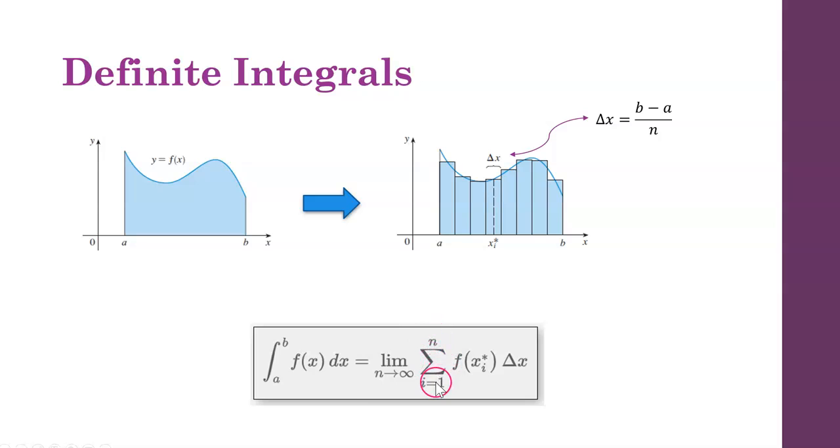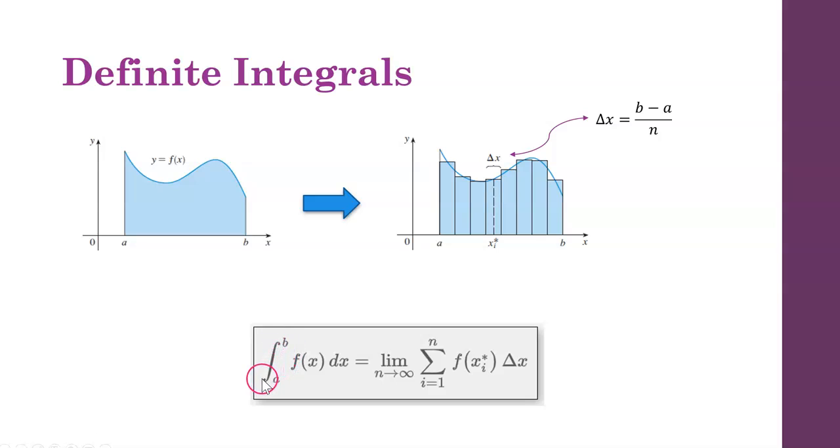So if there's 6, we add all 6 of them. But ideally, what we want to do is let n go to infinity, so have an infinite number of these rectangles. Delta x gets very, very small, and that would give me the exact area. And that is what we refer to as a definite integral.